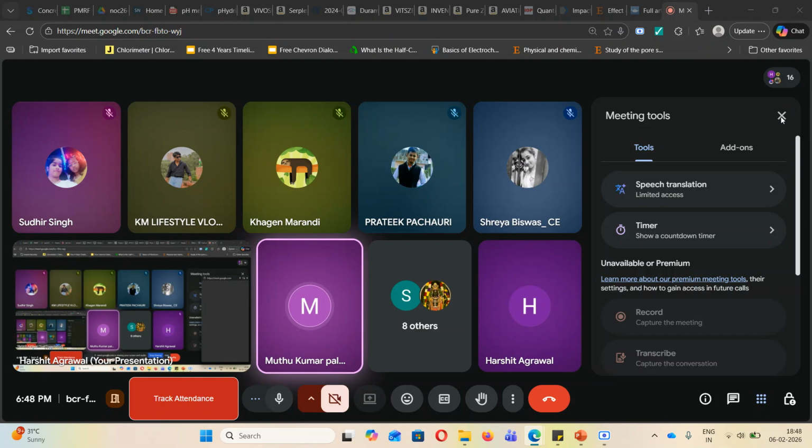Fineness modulus. Was fineness modulus discussed, or was it pending?